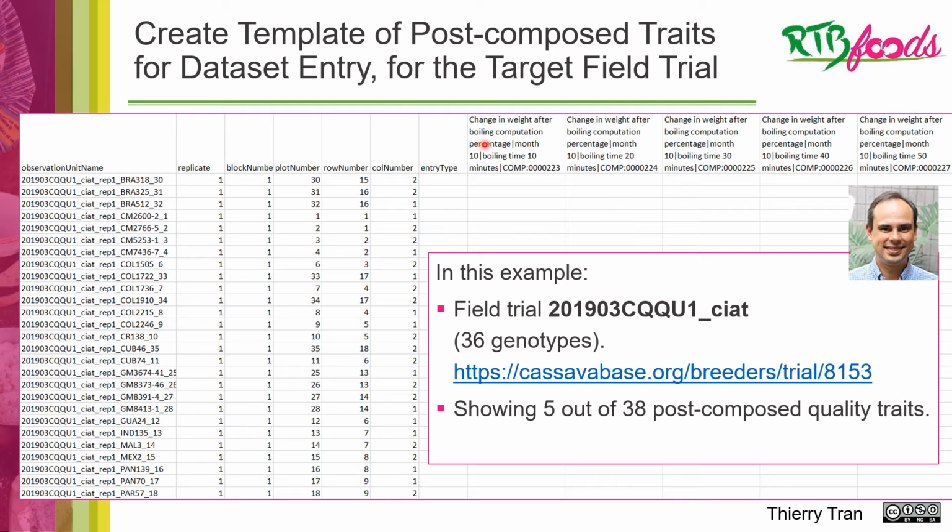The trait is change in weight after boiling, computed as a percentage, at different boiling times. Here is only 10 minutes, here is with 20 minutes, 30 minutes, 40 minutes, and 50 minutes. And with this template, you can fill each column with the right number after your evaluation, and then store in Breedbase, or more specifically in Cassava Base.